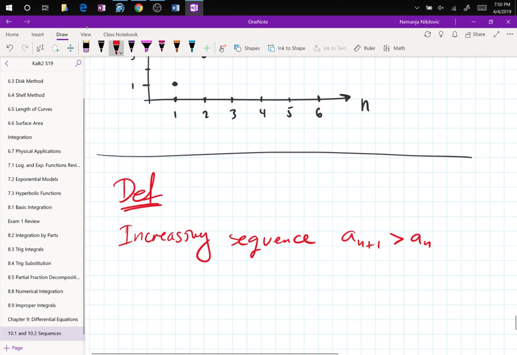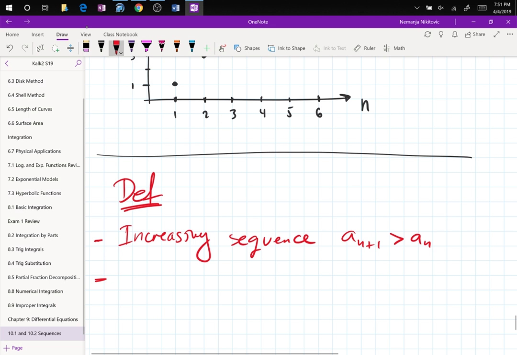So any term that you pick is strictly bigger than the term before. So there will be no flat pieces, going from 3 to 3 and then to 4. It's going to be 1 to 2 to 3 to 4, or 1 to 5 to 7 to 19. It always increases.